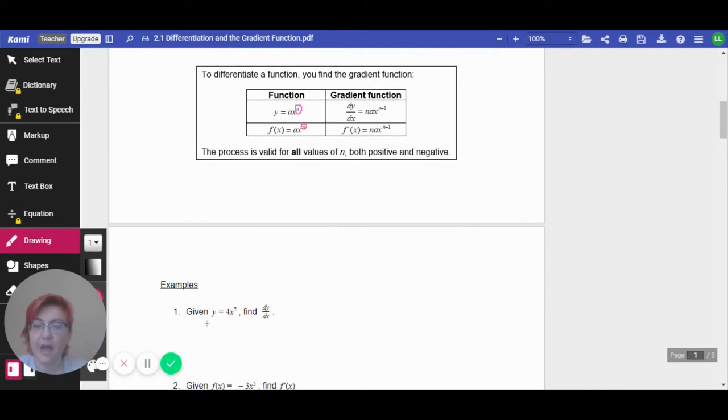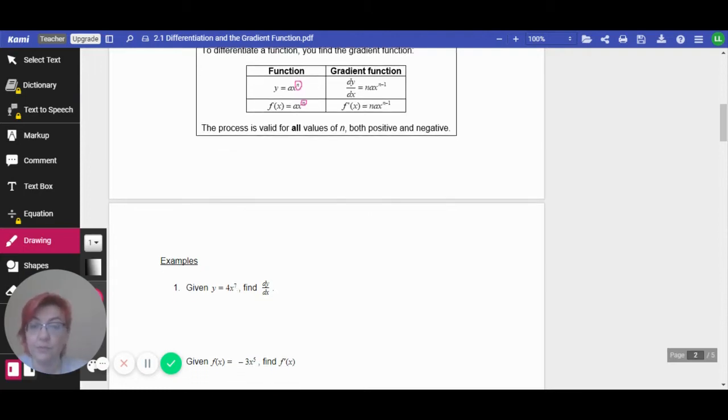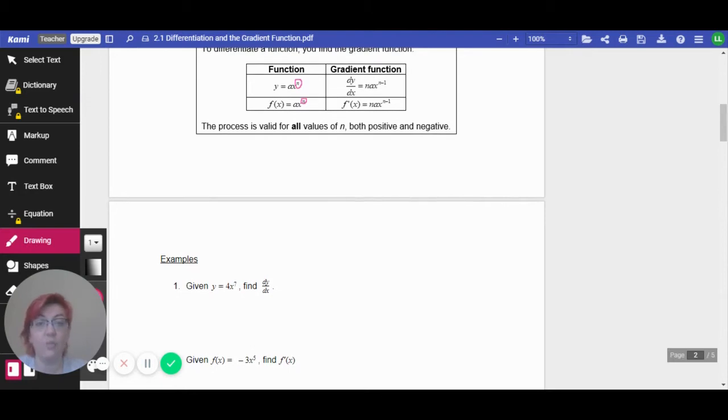All right, I've been given y equals 4x to the 7th, and I want to find the gradient function, or the derivative. I need to identify what is my n, what is my a. Well, here, my n is equal to 7, and my a is equal to 4.